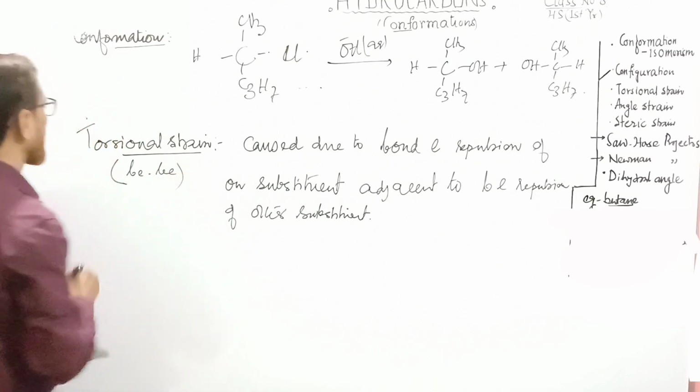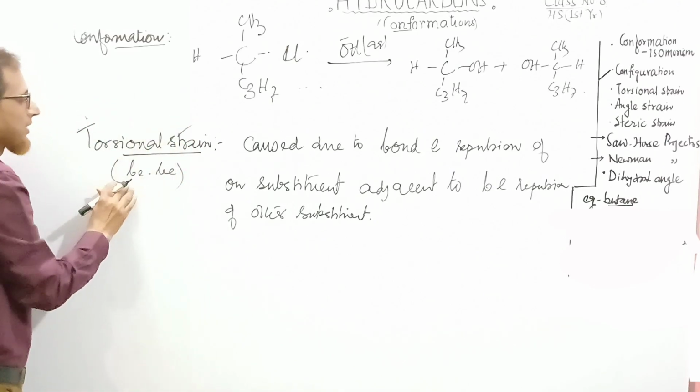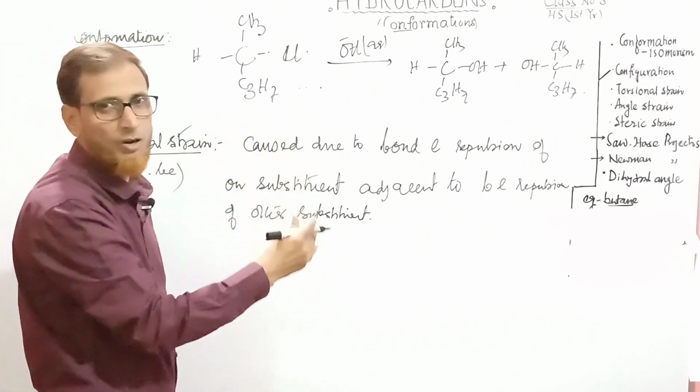Bond electron, bond electron repulsion. Torsional strain is nothing but electronic repulsion of bonded atoms.